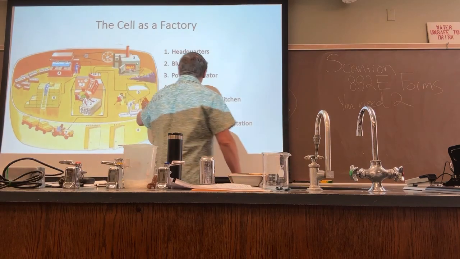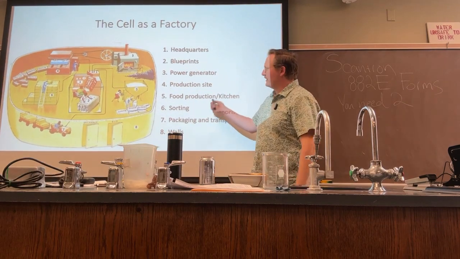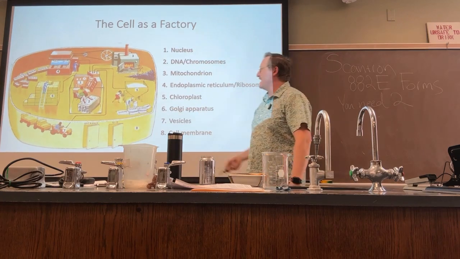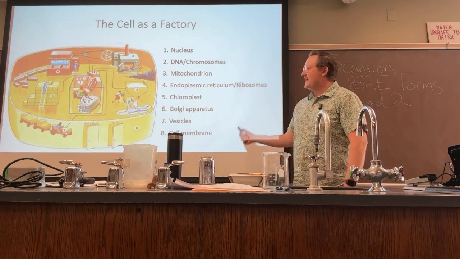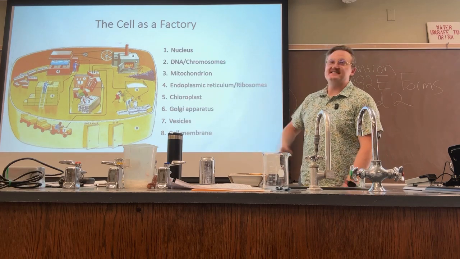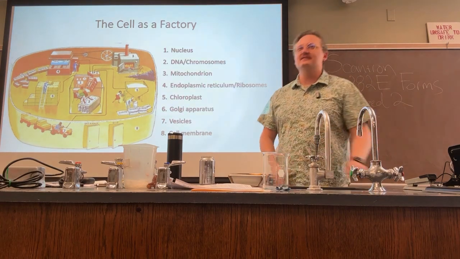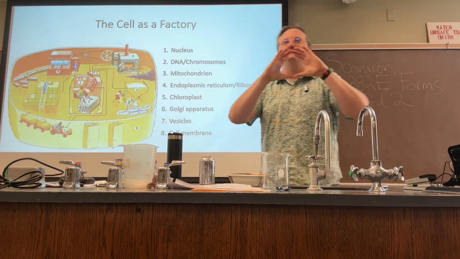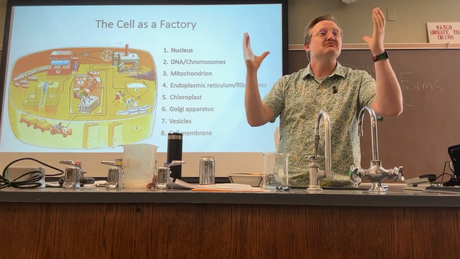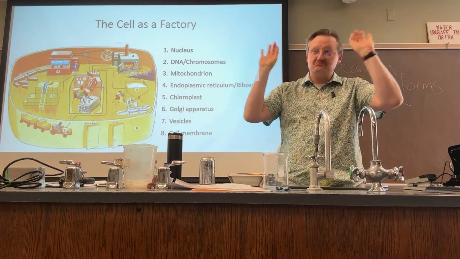Okay, cool. So, food production can be the chloroplast. The sorting can be the Golgi apparatus. And then the packaging and transportation can be vesicles. What's a vesicle? It's a little bubble of phospholipid bilayer with some stuff in it. Cool? Cool.